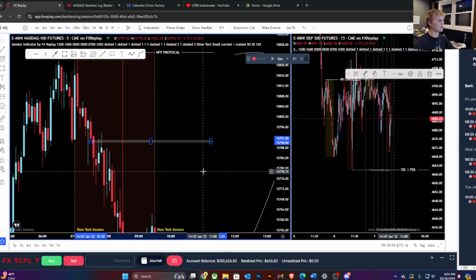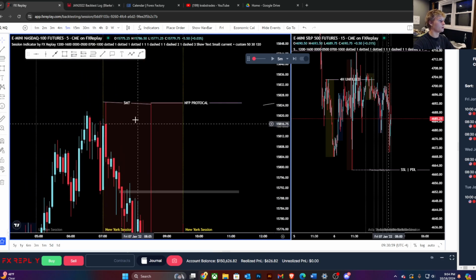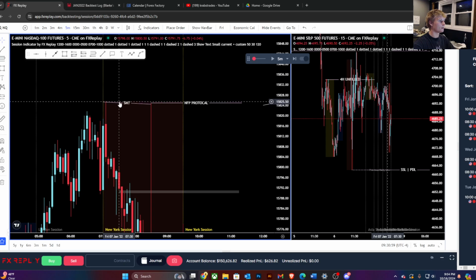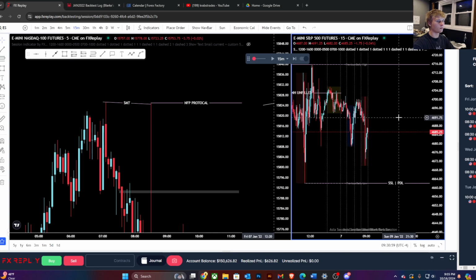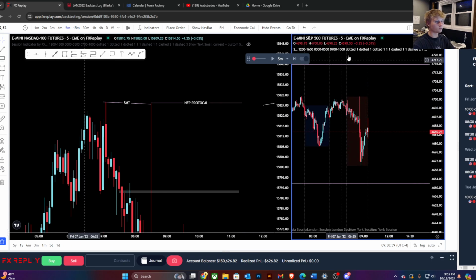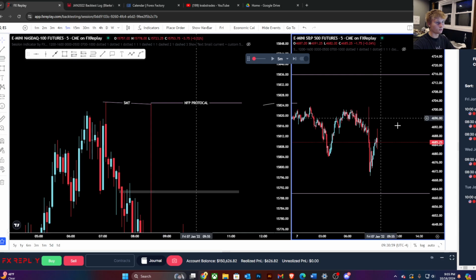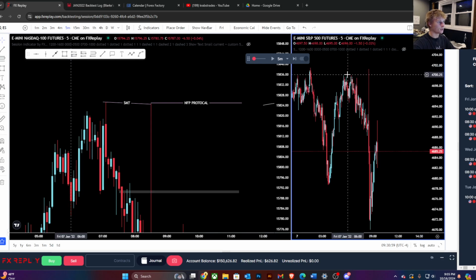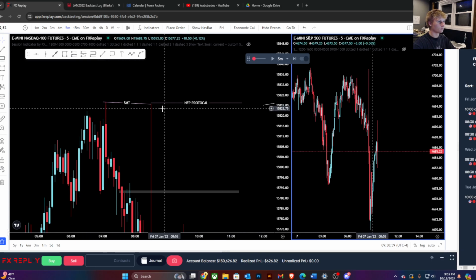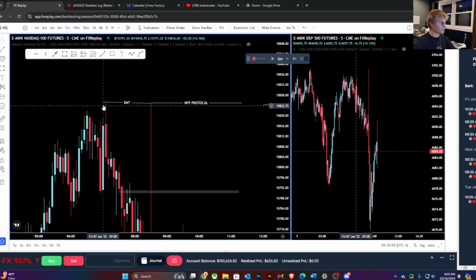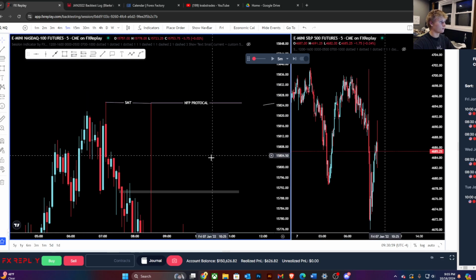However, we do have that bearish SMT right here, which we're gonna keep in mind. Yes, a little SMT there, but we'll see if it holds or not.